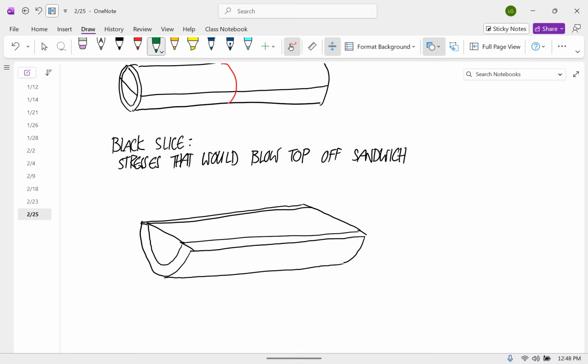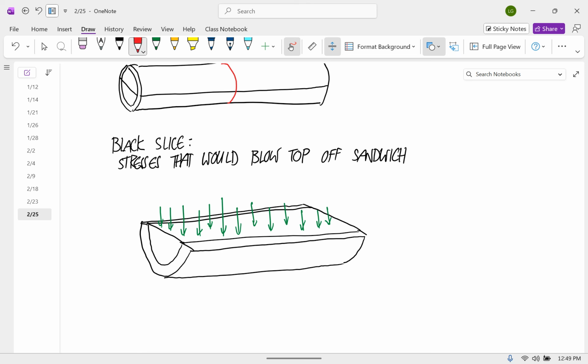And so we have a force here that's like this. And if that was the only force being applied, this thing would blow in half.